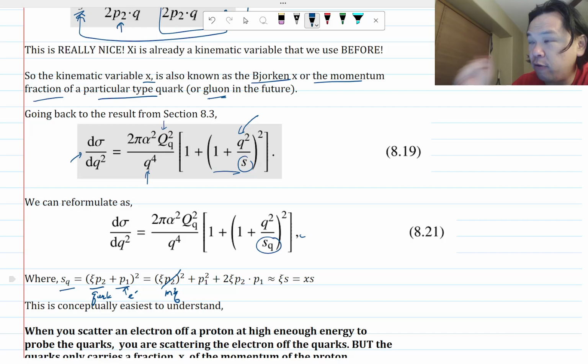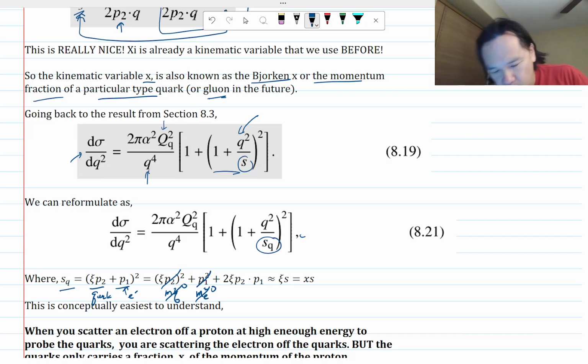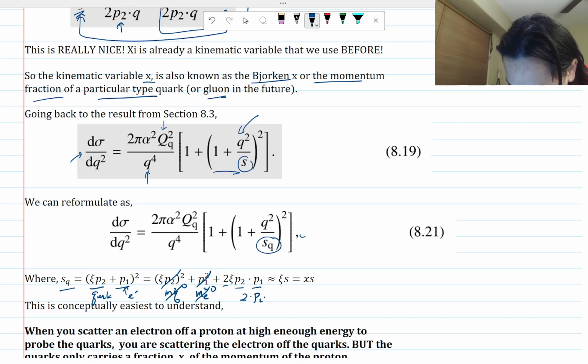P1 squared is the four-momentum of the electron squared, which is the mass of the electron squared. Once again, we're going to go to the high energy limit where these masses are basically zero, or small relative to the energy we're dealing with. And now we're left with 2 times xP2 dot P1. And 2 times P2 dot P1 is approximately equal to s in this high energy limit.